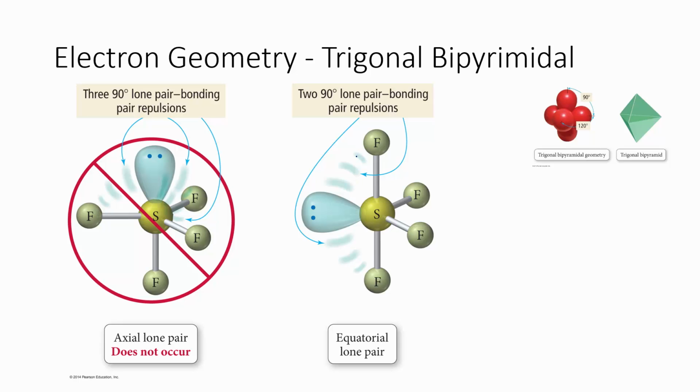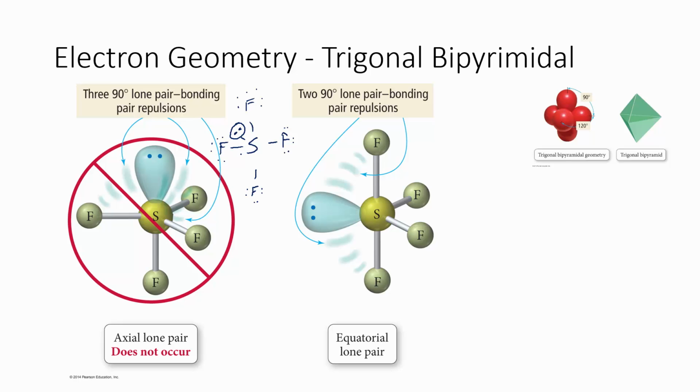So sulfur tetrafluoride, for instance, has a Lewis dot structure that shows that there's 5 things on the center atom. 4 of those things are fluorine atoms, but one of those groupings is a lone pair of electrons.